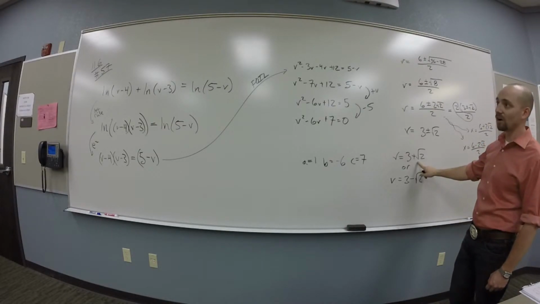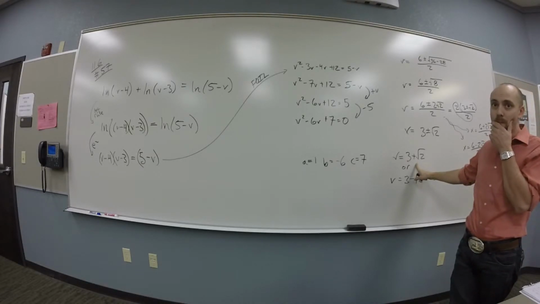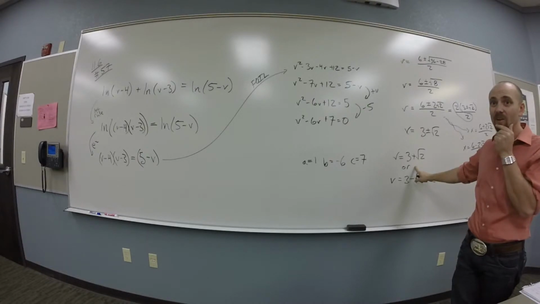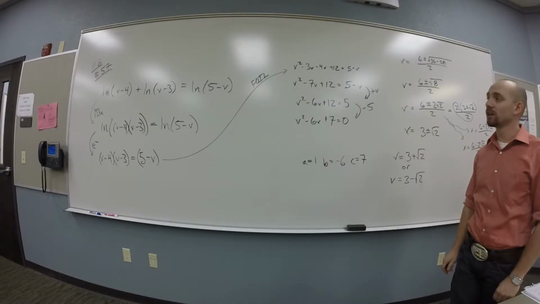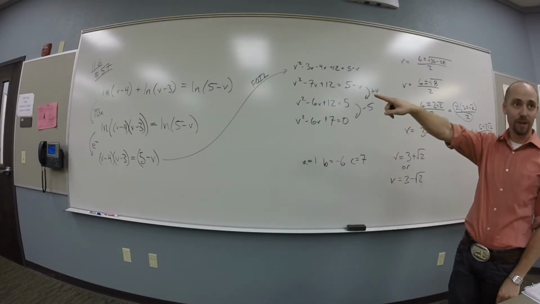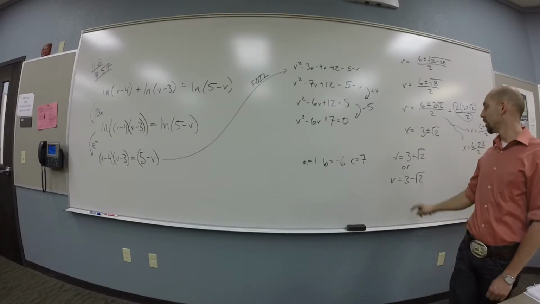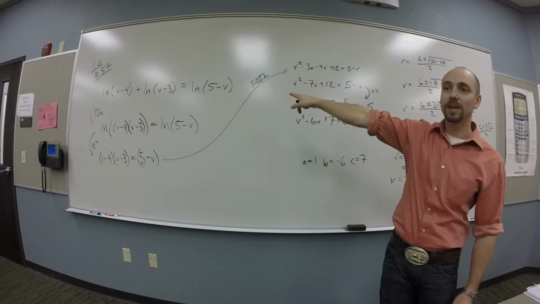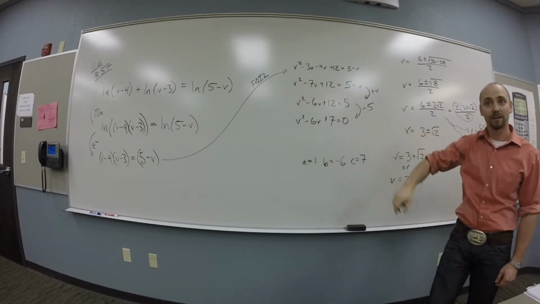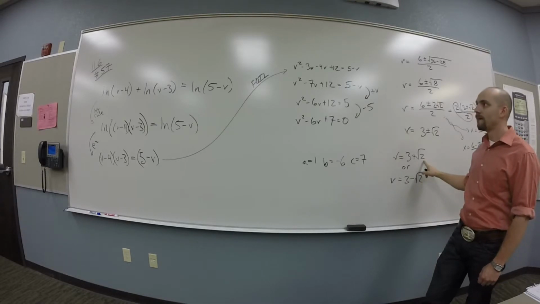Let's see, what do I need to check for these? That they're not negative or 0. Yeah, I can't plug a negative or 0 into the natural logarithm, right? Or any logarithm for that matter. So I should check whether these, when I plug them in for v, make problems for me, right?